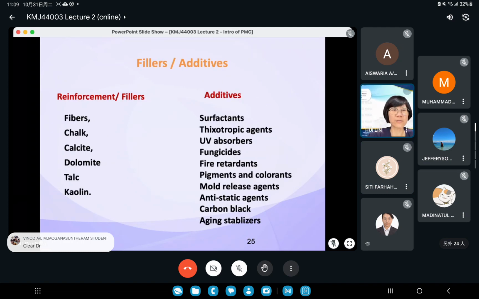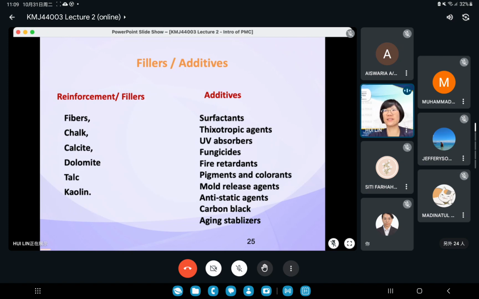Okay. So these are some examples of the fillers as well as the additives that we can use and add into the polymer matrix. For example, for fillers, we learn about reinforcement.